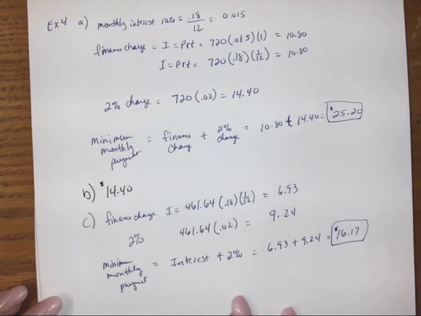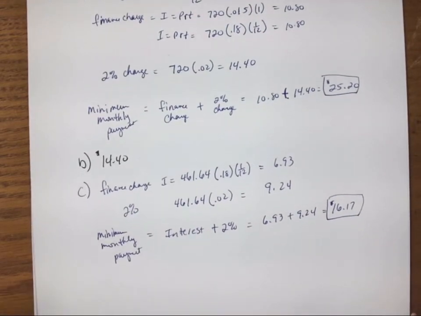So it's still not going to go down very much because we're not paying very much. Keeping that 2%, that's where the monthly charge is going to make it quite small.